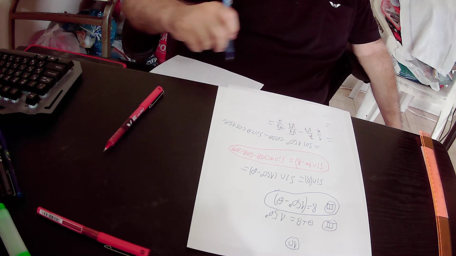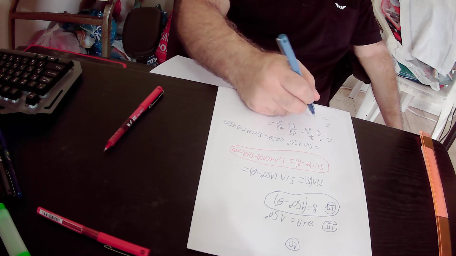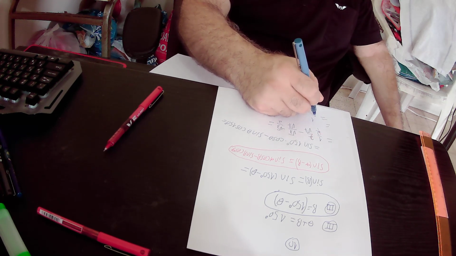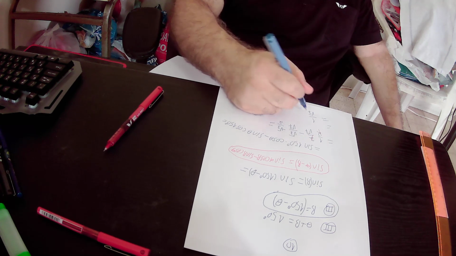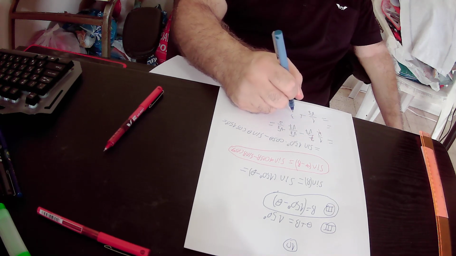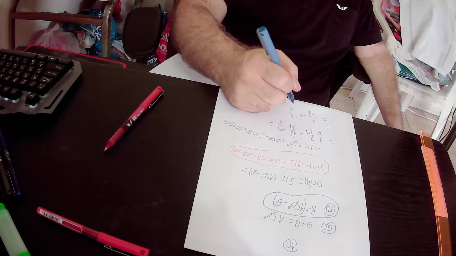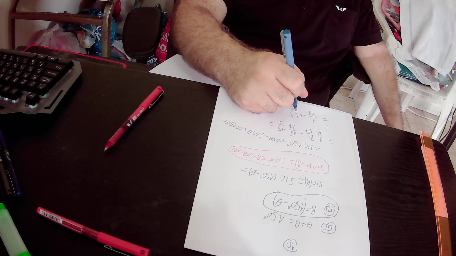So in total we will get 1 over root 7 plus 3 over 2 times 1 over root 7.